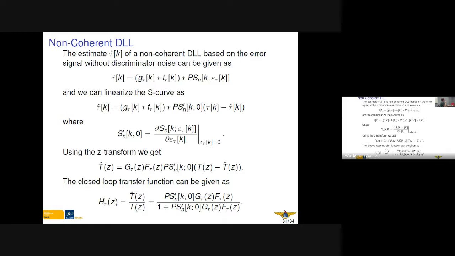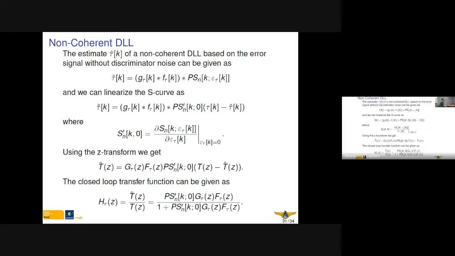Yes, and then we can take the Z transform here and derive the loop transfer function, after linearization of the S curve, for a non-coherent delay lock loop. This transfer function means output divided by input, or the transfer function of the estimate with respect to the true time delay.